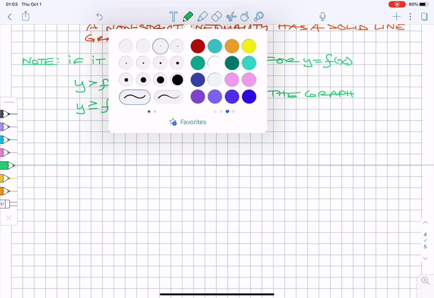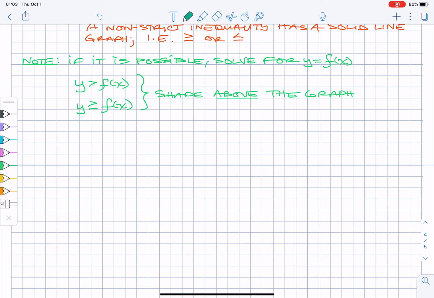Whereas if we have y is less than f of x, or y is less than or equal to f of x, in these two cases we will shade beneath the graph. Beneath the graph.